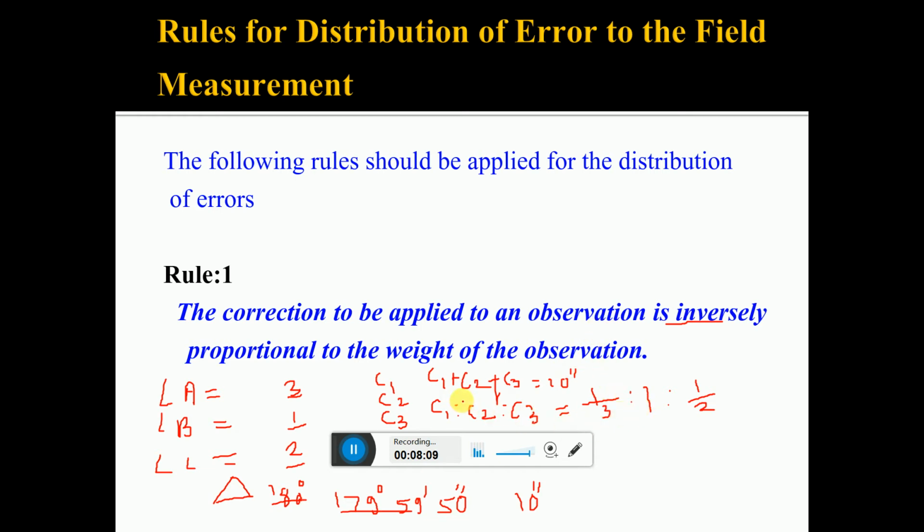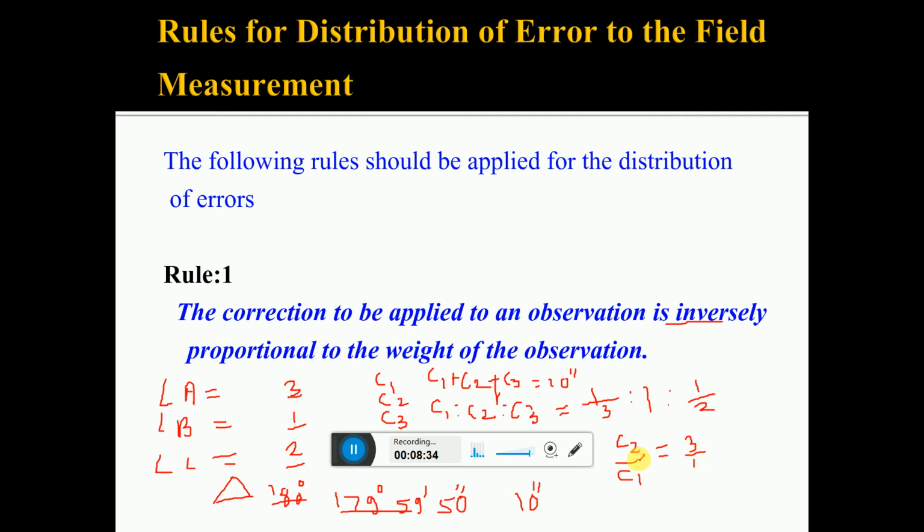So, you can express C2 in terms of C1, and you can express C3 in terms of C1. How? I can write C2 upon C1 is equal to 1 upon 1/3, that is 3 by 1.